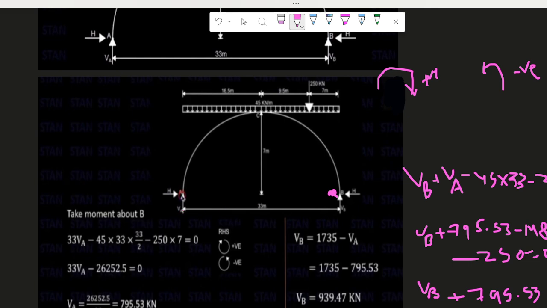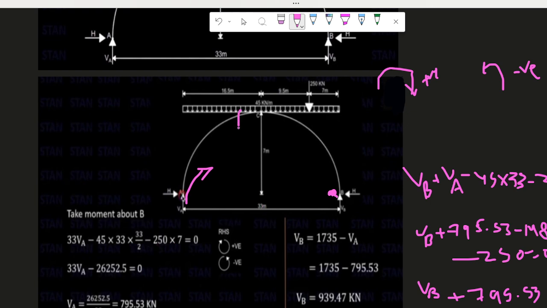Here the load VA times the distance 33 meters. VA is clockwise, so we take it as positive. The UDL of 45 kilonewtons over the entire length is converted into a point load, 45 multiplied by 33, acting at half the distance, 33 by 2.